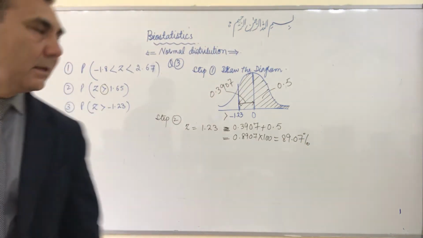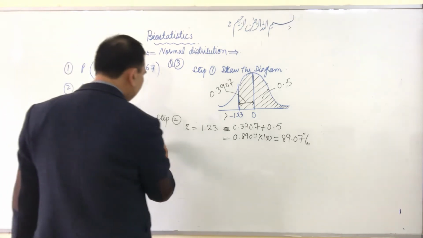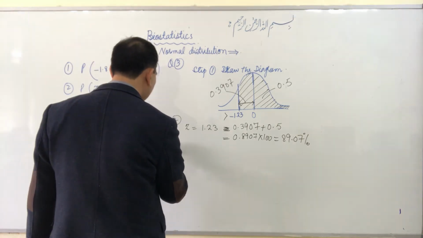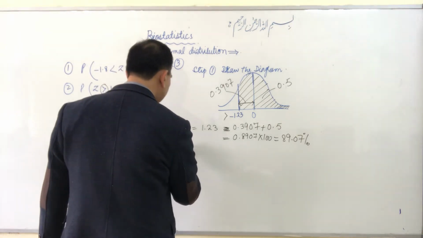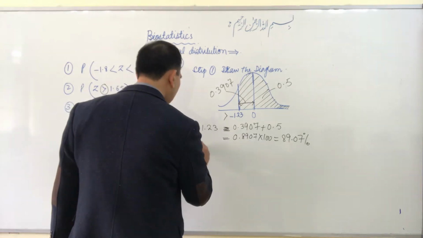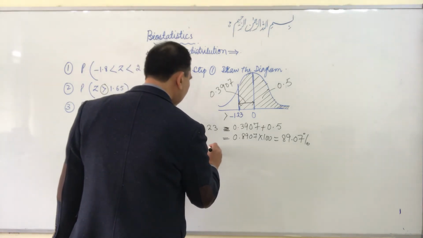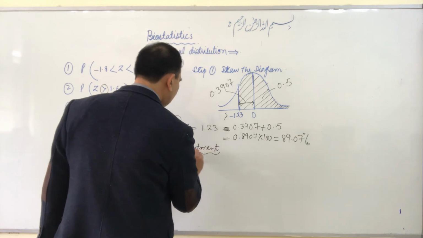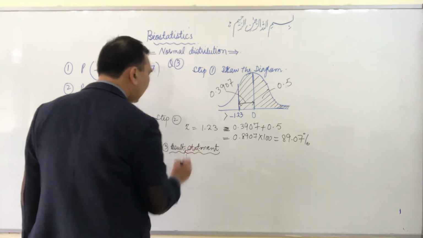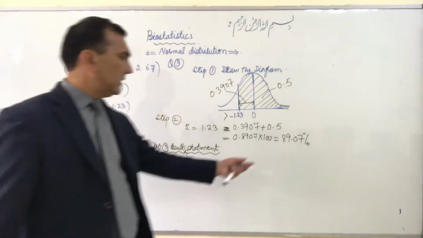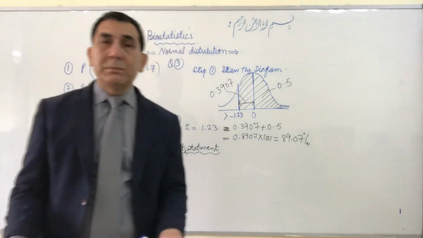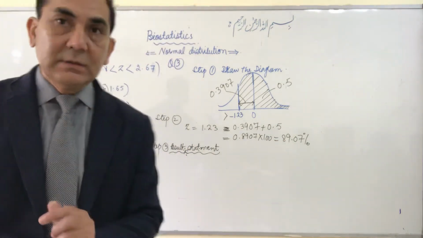Okay. Now in step number 3, we write down the result statement. Without a result statement, the reader will not know what the 89.07% says.